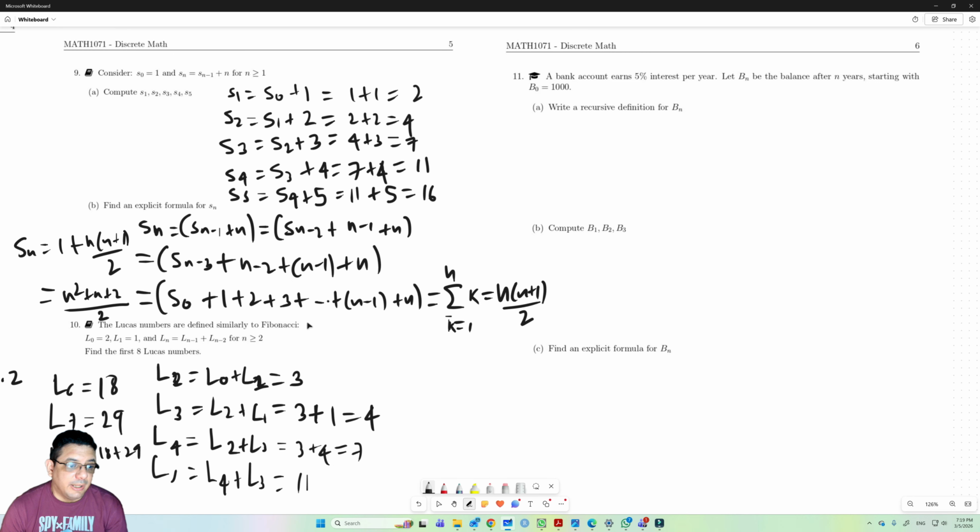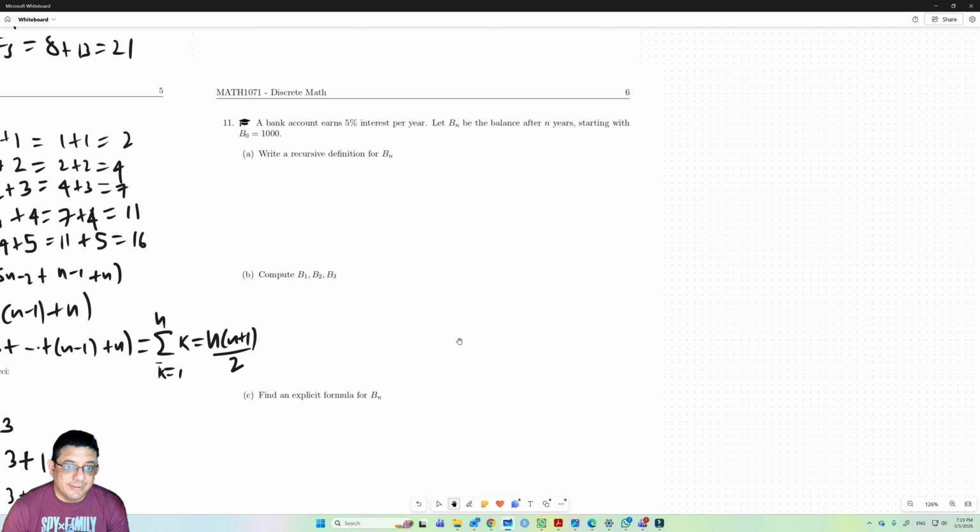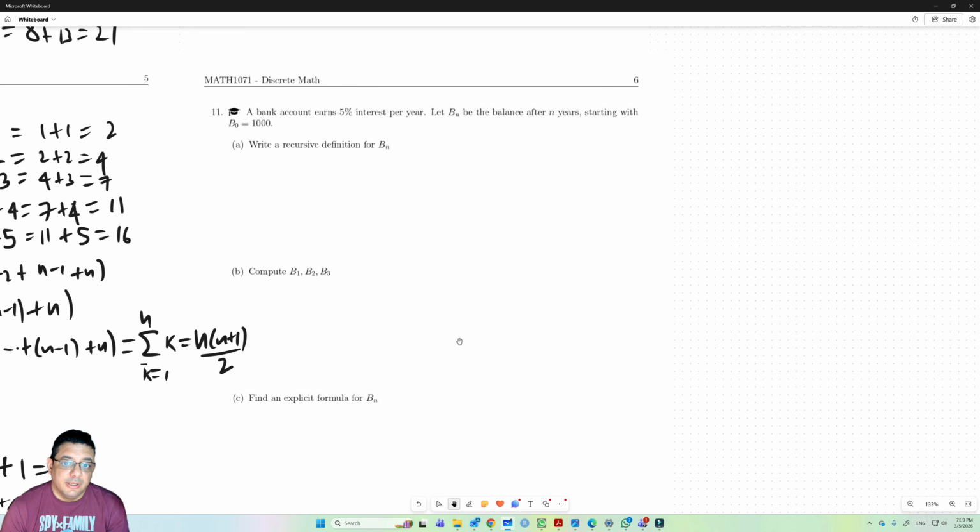All right, so let's move to this question. We have a bank that earns 5% per year, and Bn is the balance after n years, starting with 1,000. So let's write a recursive sequence for this.